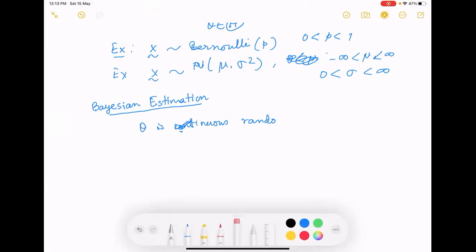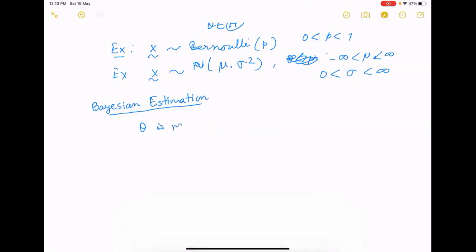Not necessarily continuous, continuous is not necessary. Theta is a random variable.